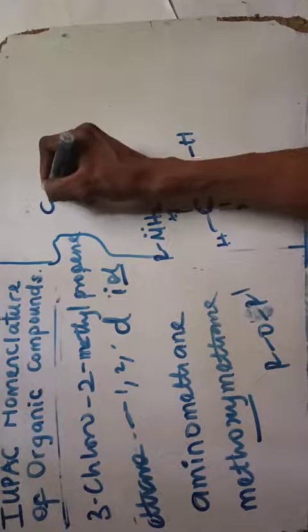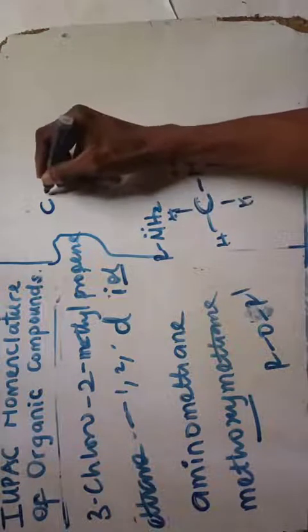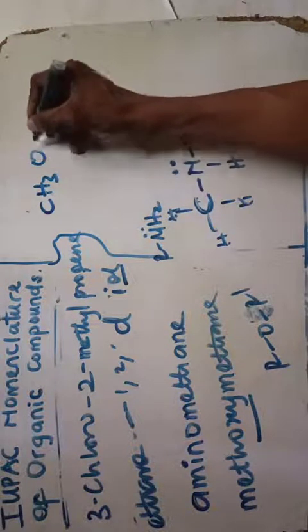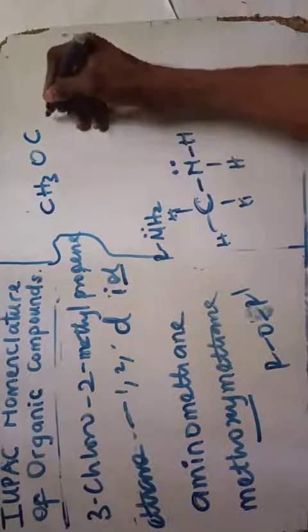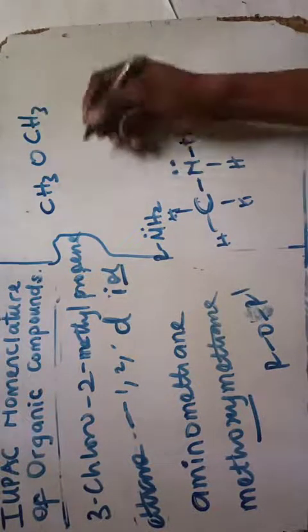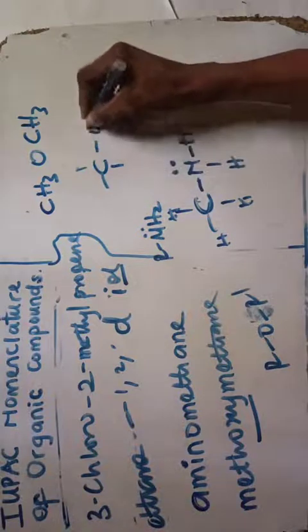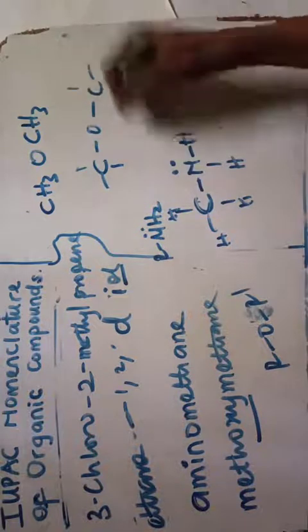Methane is just a single carbon. So that is ROR, and I'm going to have it as CH3, O, and CH3. Methane is CH3. You can draw it out like C, 1, 2, 3, O, or C, 1, 2, just thereabout. That is that.